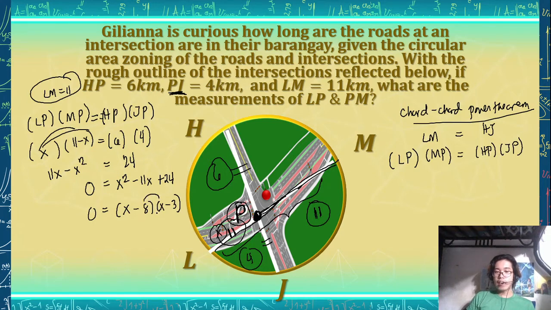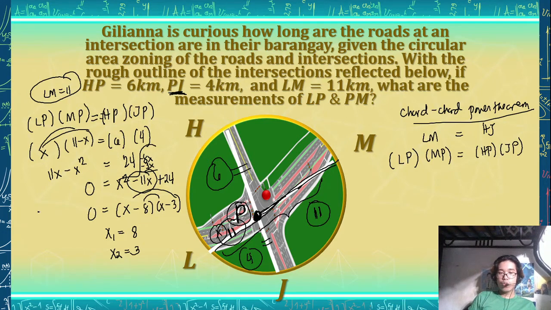Because negative 8 times x will give you negative 8x, and negative 3 times x will give you negative 3x. If you add negative 8x and negative 3x, you're going to get negative 11x. So therefore, we have two values. X sub 1 is going to be equal to 8, and x sub 2 is going to be equal to 3.